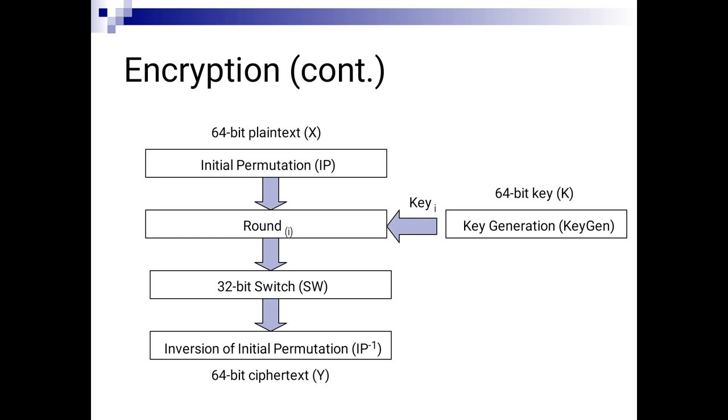One is plain text and the 56-bit is the key. DES produces a 64-bit cipher text, and the size of the cipher text and plain text is the same. The block size is 64 and the key size is 56, whereas the plain text is 64-bit size.